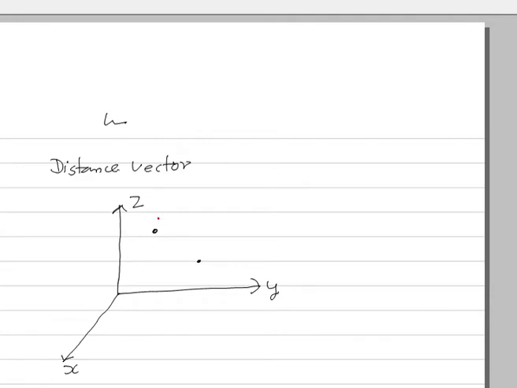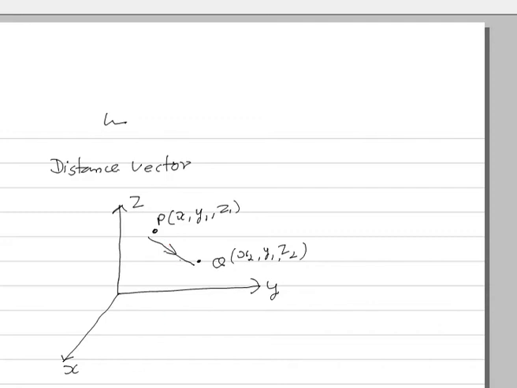This point P, this point Q. The coordinate of point P is x1, y1, z1. Similarly, we consider the coordinates of point Q as x2, y2, z2. Then join the two points with the help of a line.